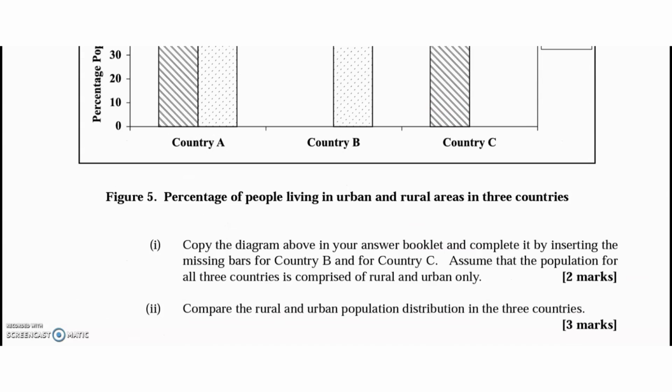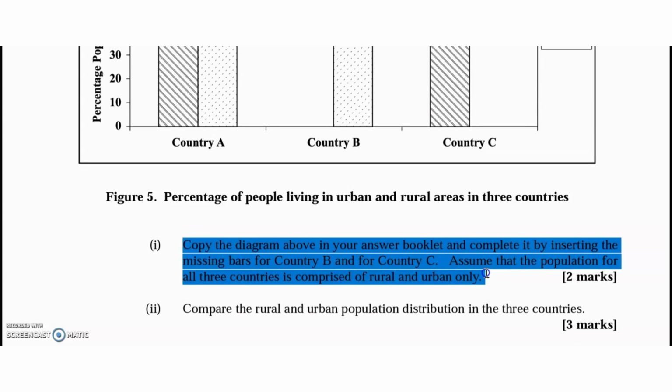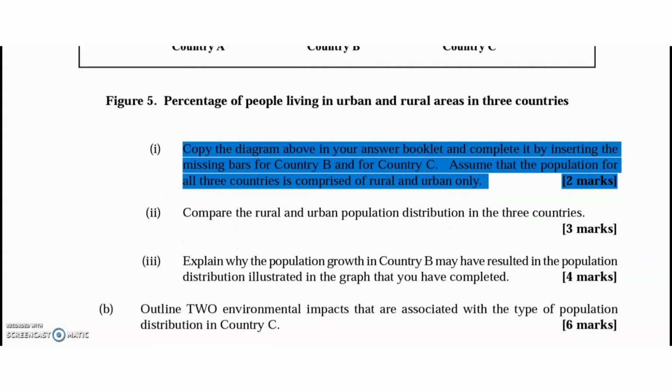Now, as we move along, assume that the population for each country is rural. We actually answered this question already, this first part of the question. Now, part B, part 2, compare the rural and urban population distribution in the 3 countries.